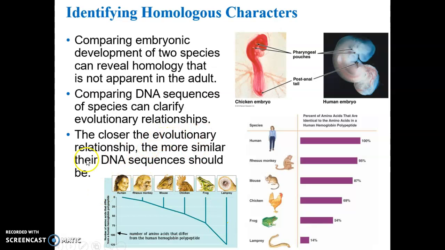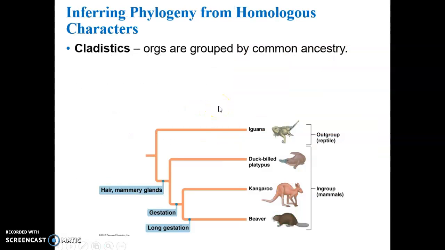So the closer the evolutionary relationship, the more similar the DNA sequences should be, and that's been found many, many times when biologists look at the DNA sequences, the genetics of different organisms. And these DNA sequences, this genetic evidence, along with embryological evidence and homologous characters, all of that evidence is used to establish relationships, phylogenies.